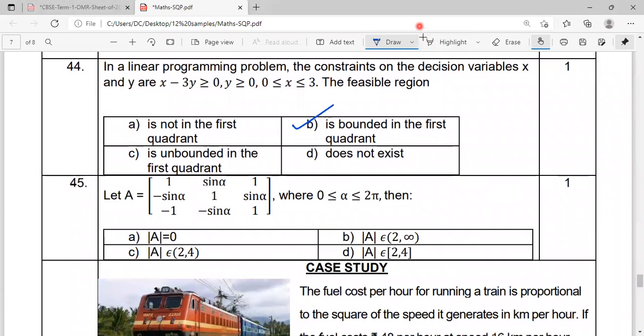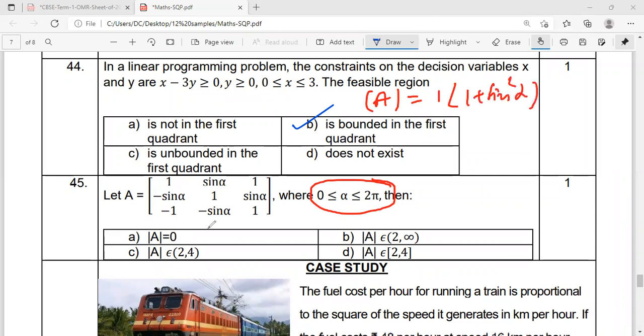Now, if you look at this question, alpha is between 0 and 2 pi. Let us simplify this. When we find det A, he's asking about the det A. Det A would be 1 plus sine square alpha, then minus sine alpha, and then this into this.